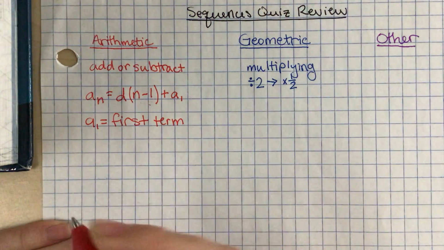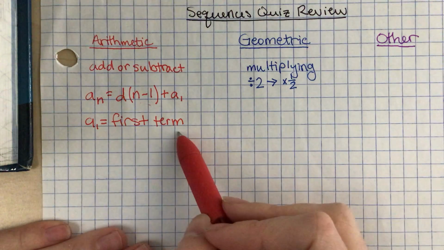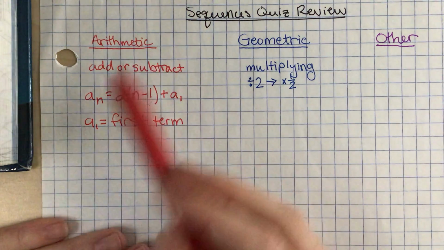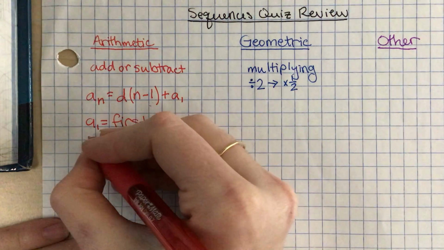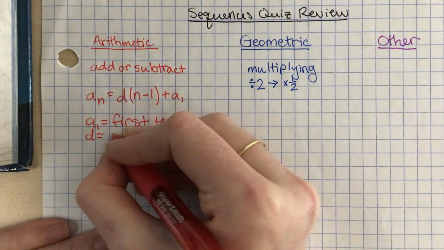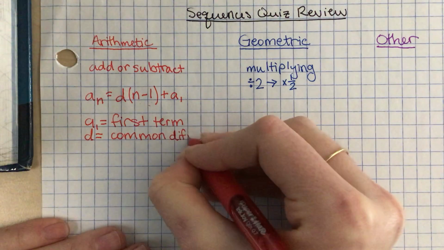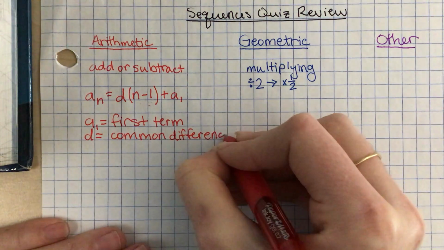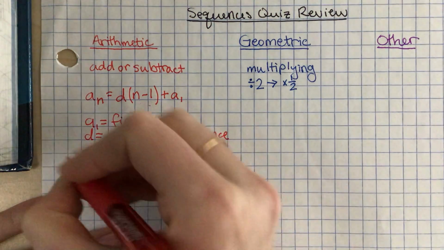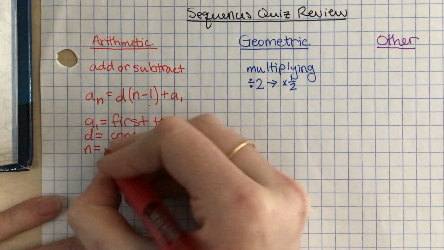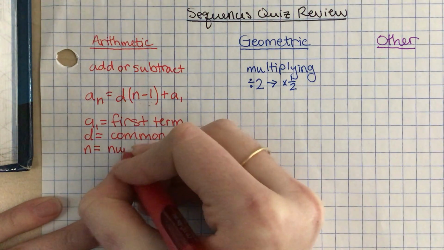It's the first term that we have in our list of terms for an arithmetic sequence. And I already said that D stands for the common difference. It's the number I am adding or subtracting each time. N is the same for all of these. It's the numbered term we're trying to find.